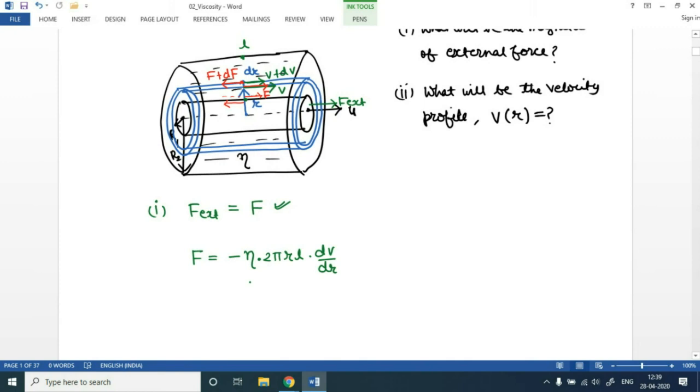Okay, so this quantity here is positive, because this quantity is negative and this is negative, so negative negative ultimately becomes positive.